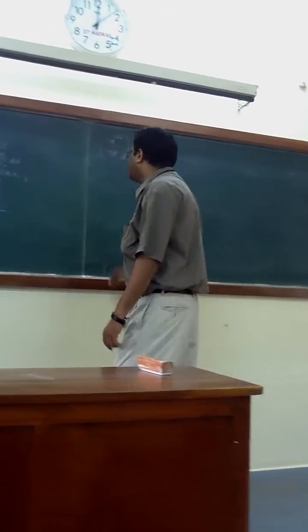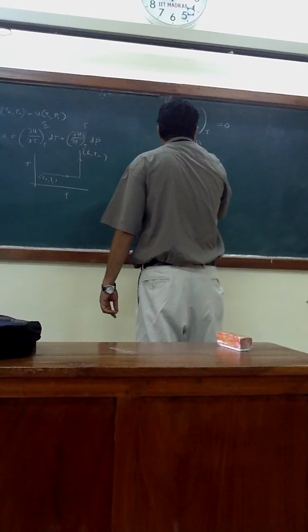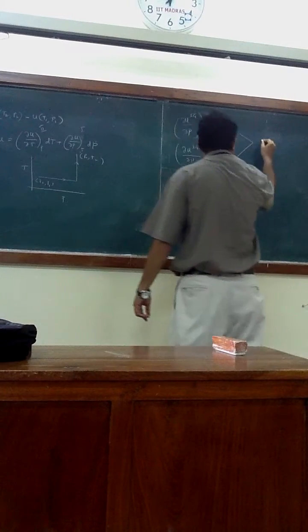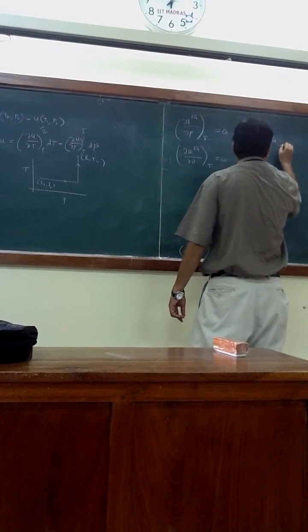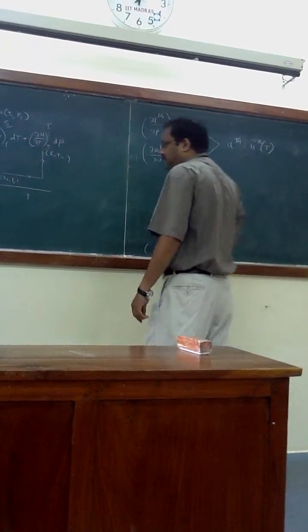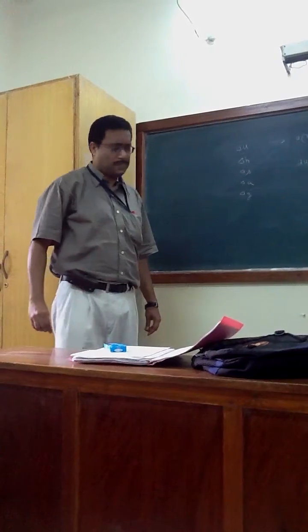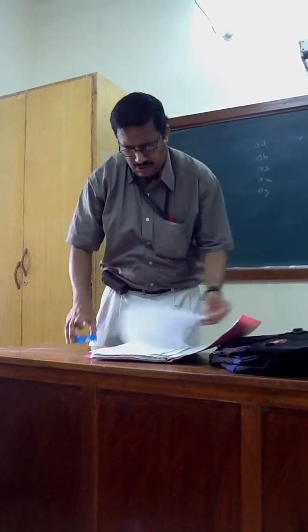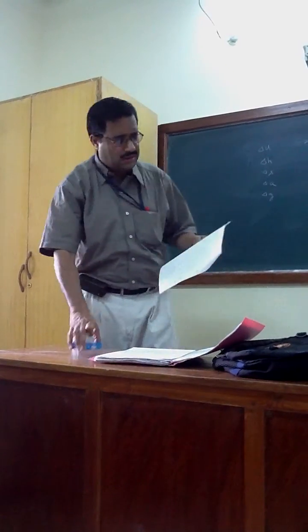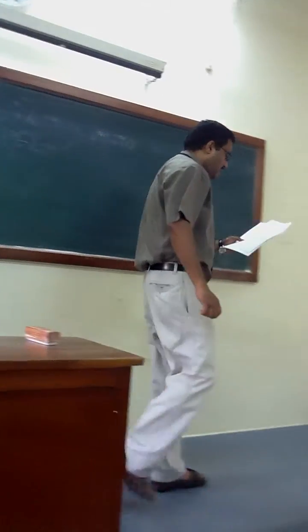And also dou U Ig by dou V at fixed T equals 0, and that says U Ig is a function of temperature only. That is what we did in the last class.